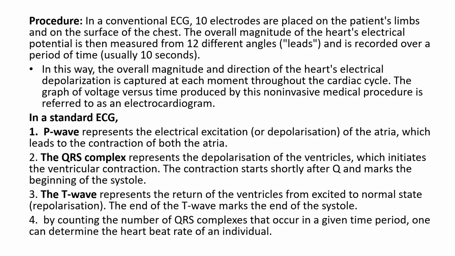The contraction starts shortly after the Q wave and marks the beginning of the systole. The T wave represents the return of the ventricles from excited to normal state, that is called repolarization. The end of the T wave marks the end of the systole. By counting the number of QRS complexes that occur in a given time period, one can determine the heartbeat rate of the individual.